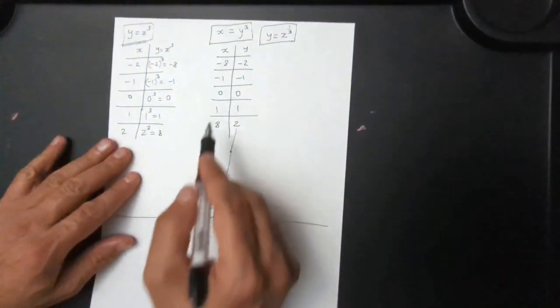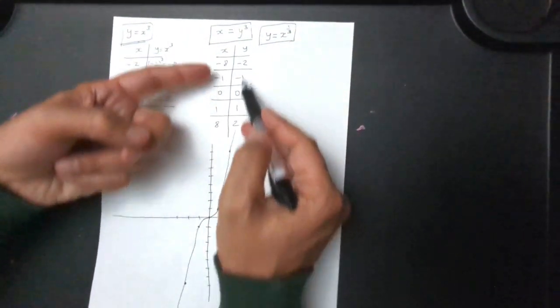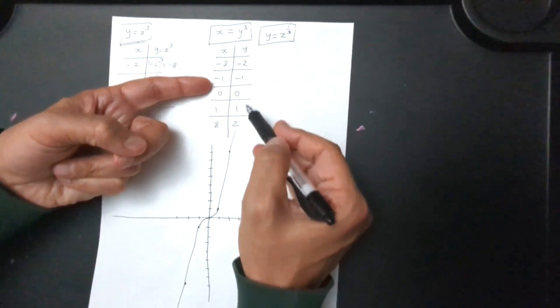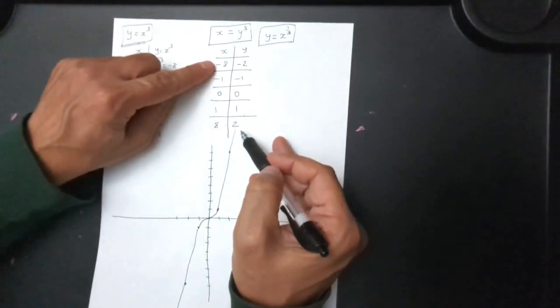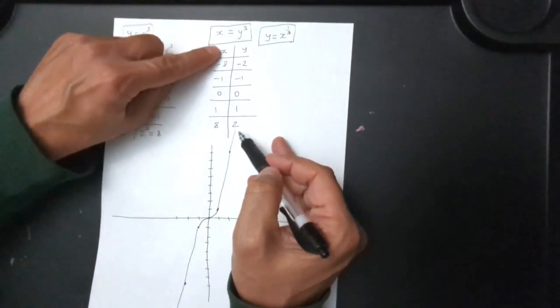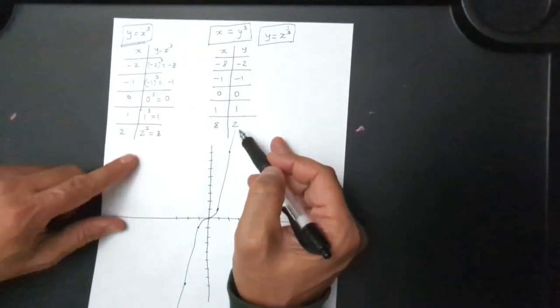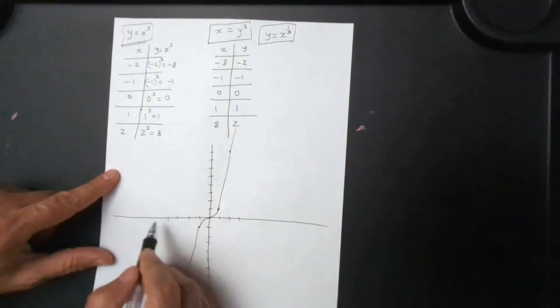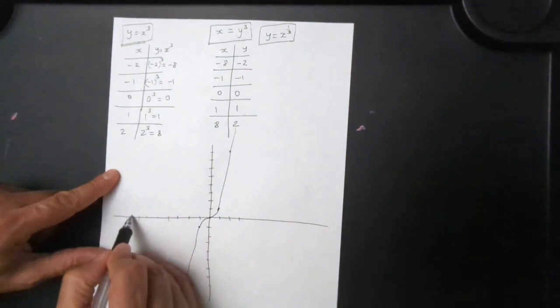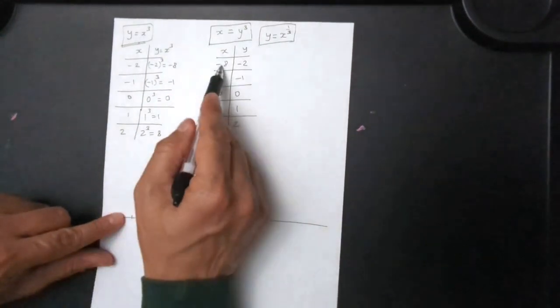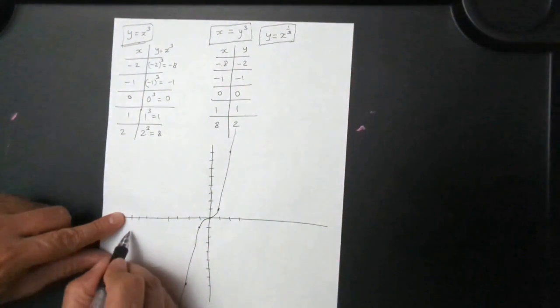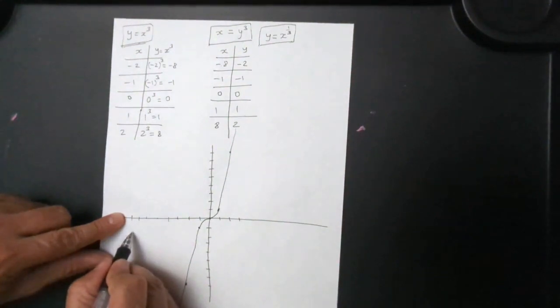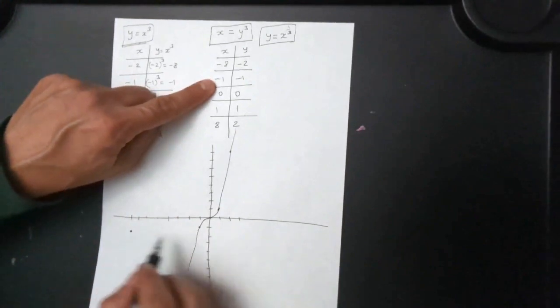Now let's try to plot this function. We can figure out what this function looks like. So -8, -2. So x is -8 and y is -2. Where does it lie on this picture? 1, 2, 3, 4, 5, 6, 7, 8. So x is -8, y is -2. So this thing lies around here. -1, -1.